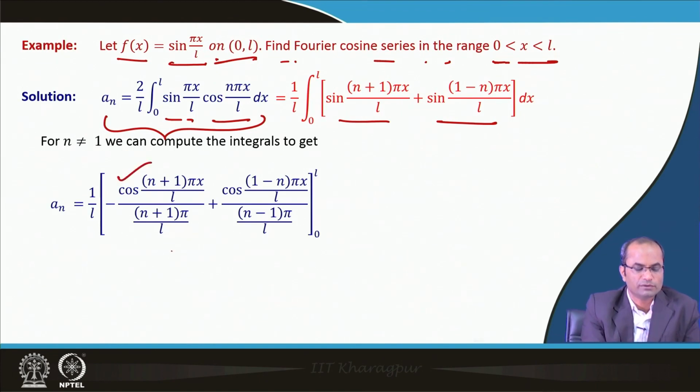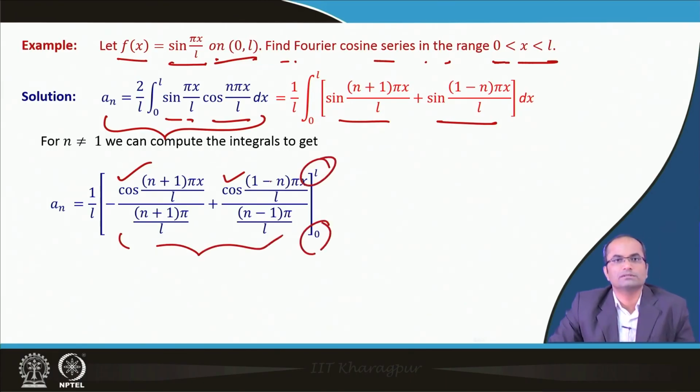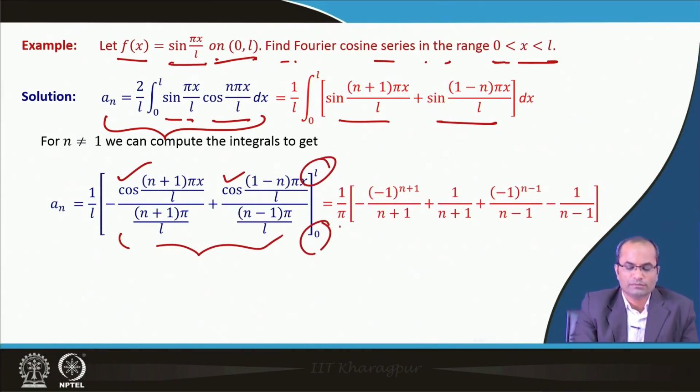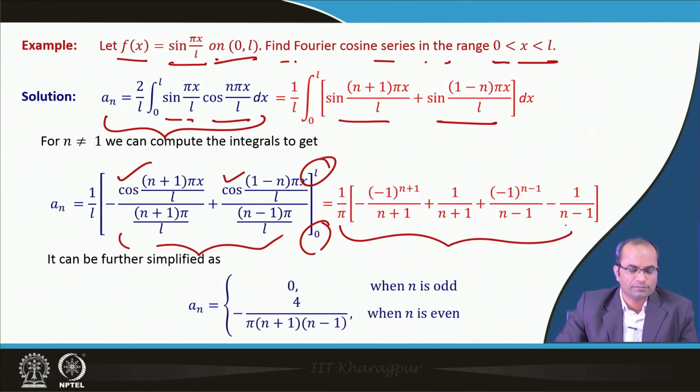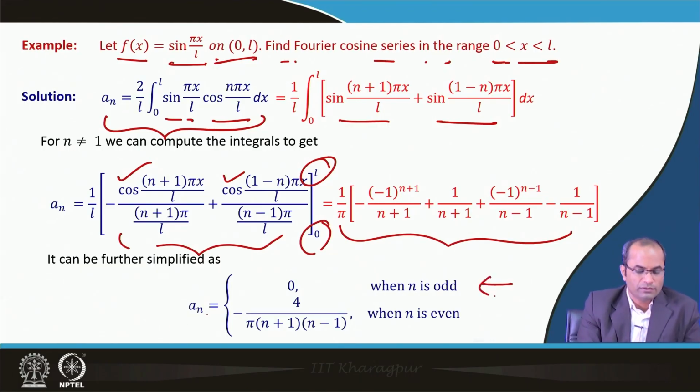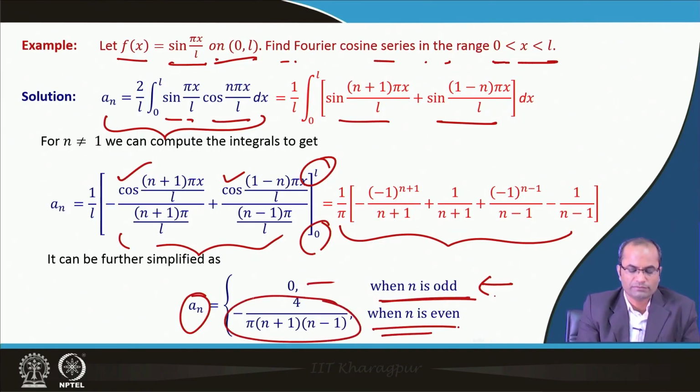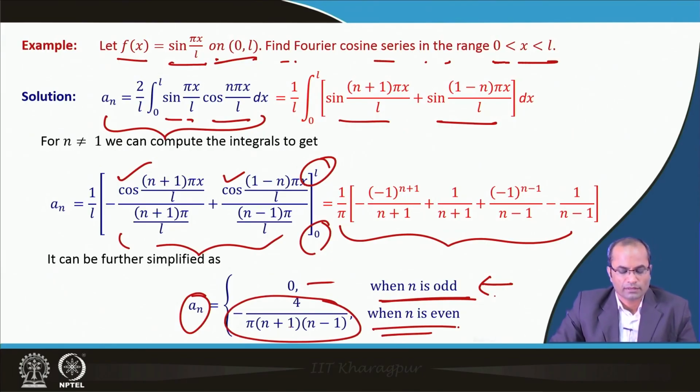So, with the sine we have the cosine term, here also we have a cosine term, and so this was the integral, and then we have to put the limits 0 to L. This comes out to be such an expression, which can be simplified to get these values of a n. So, a n will be 0 when n is odd, and when n is even, this is simplified to minus 4 over pi times n plus 1 and n minus 1.